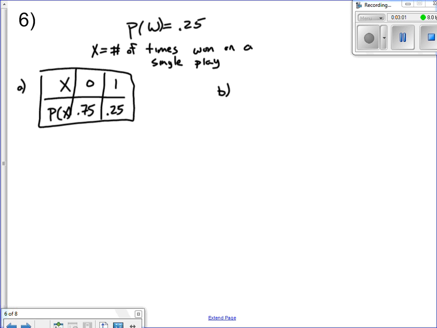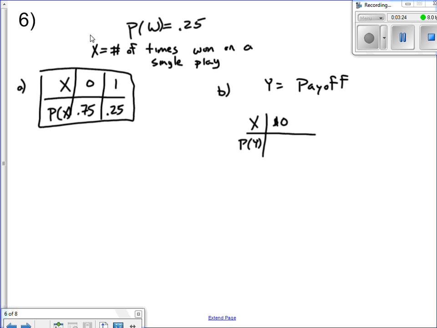For part B, what is the mean payoff? So all I'm going to do there is let's just create a table where we'll say, y equals the payoff. So for us, if we don't win, the payoff is $0.